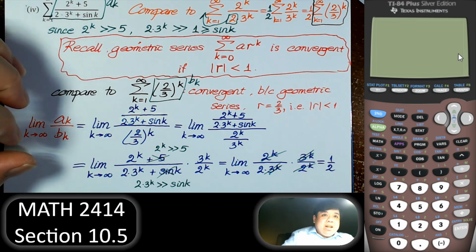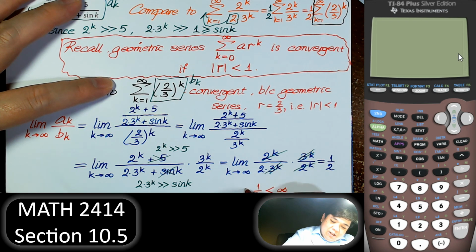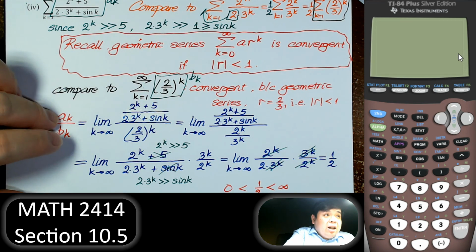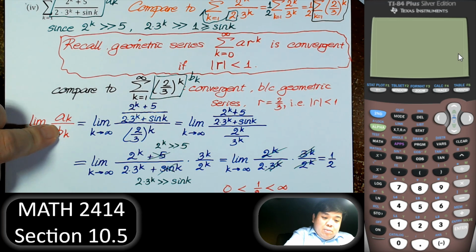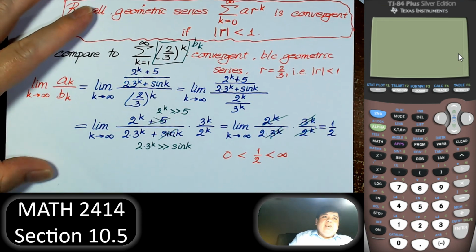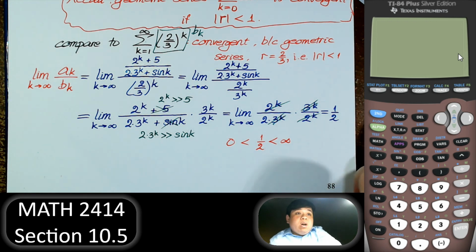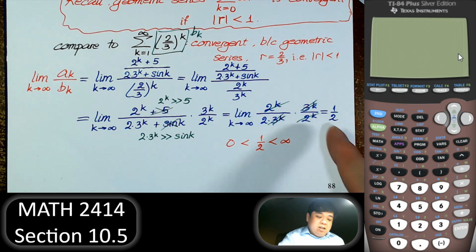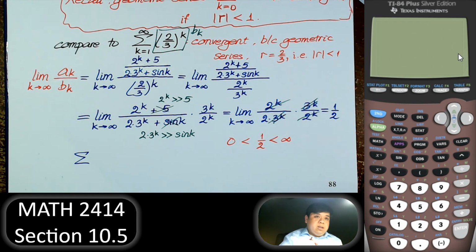Now, if it is equal to a constant, a finite number, what does that mean? If it is finite, it means they have comparable rates, so the behavior will be the same. Since b of k is convergent, so is a of k. By behavior, I mean convergence or divergence.